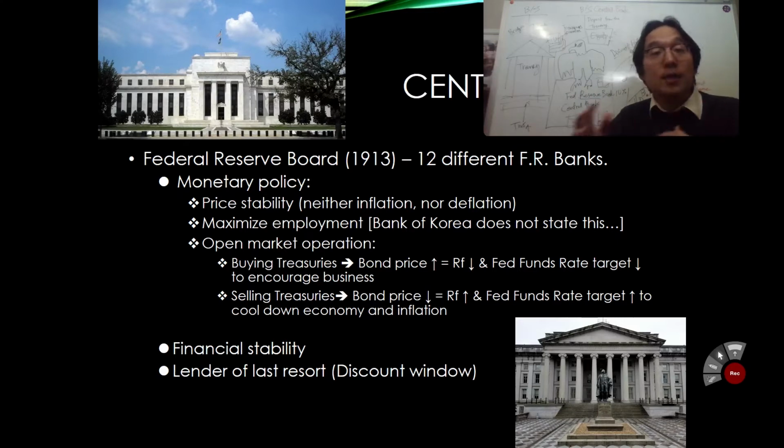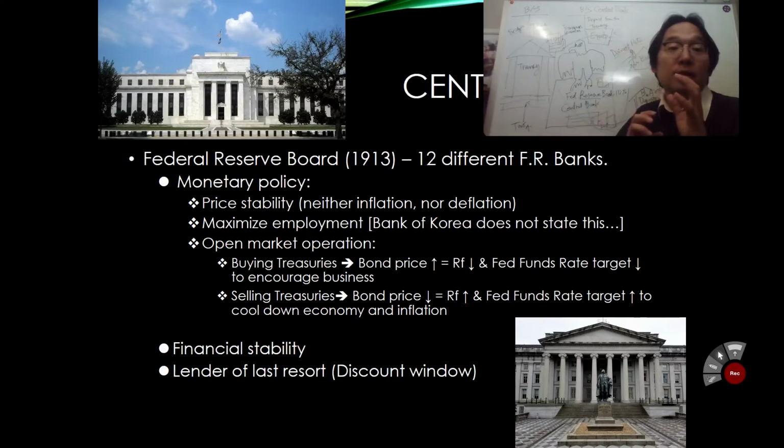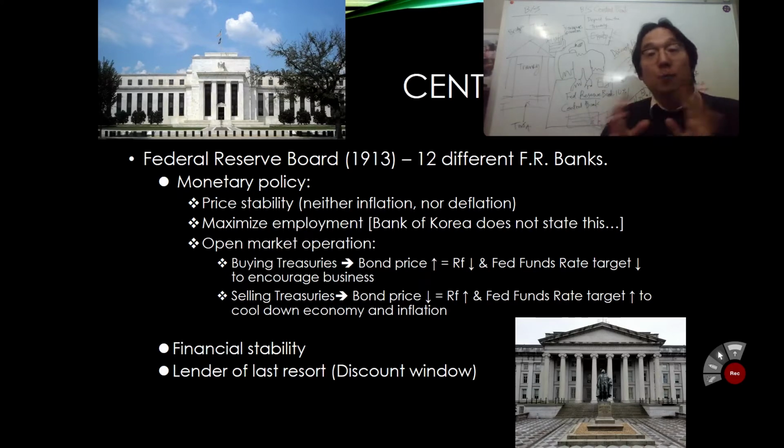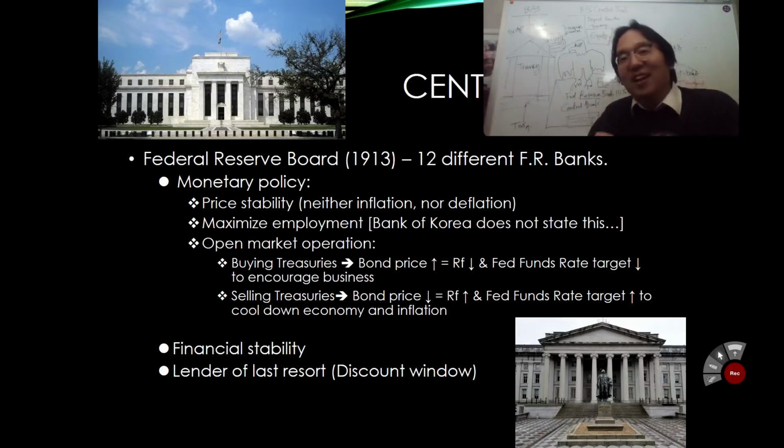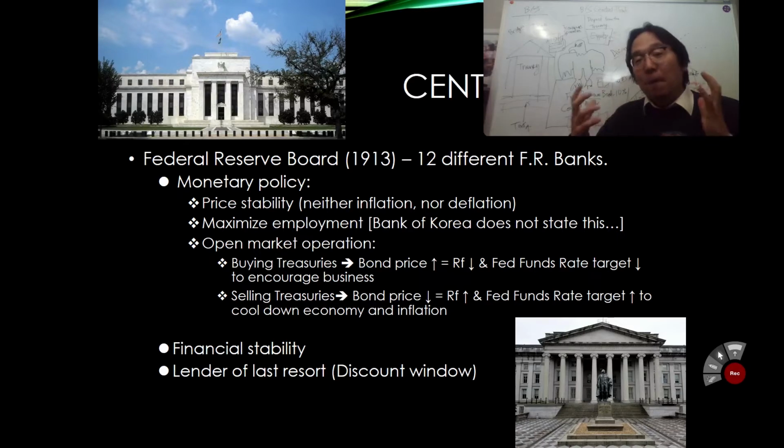The interesting thing about the US system is that they declare these two objectives: pursuing price stability and maximizing employment. Why is that the case?